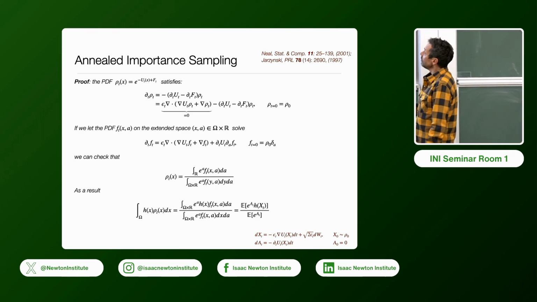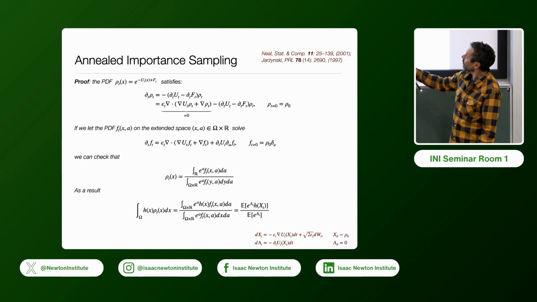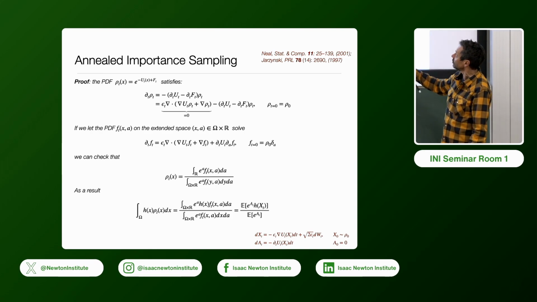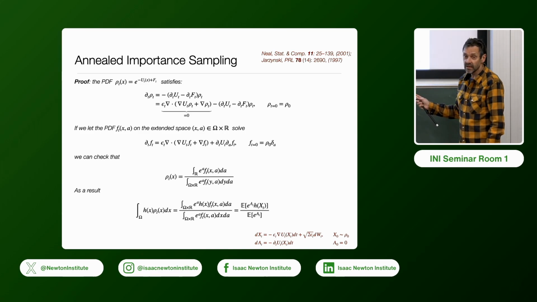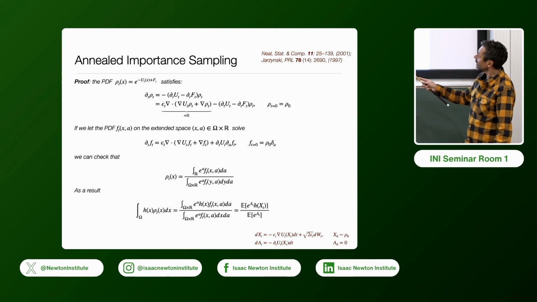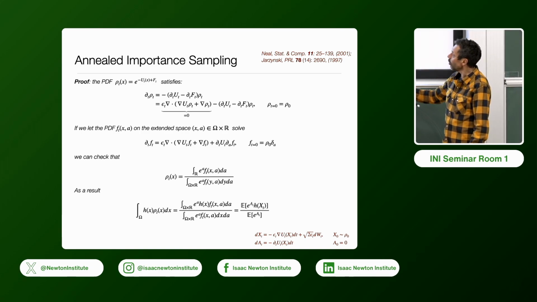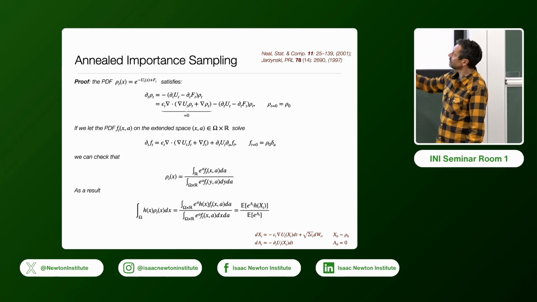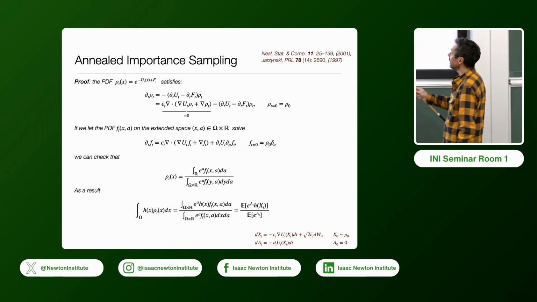Okay. Then you realize that if you extend the state space, the problem with this equation is that there is a term here which is not a transport term, but you can extend the state space and add a transport term now in this scalar variable a. This step I'll let you do as a little exercise. You can show that if f satisfies this equation, then rho defined in this way satisfies this equation, and since the solution of all these equations is unique, that gives you the identity.